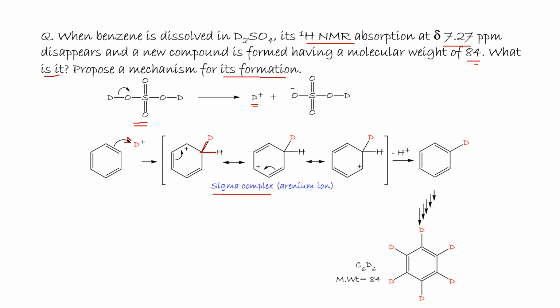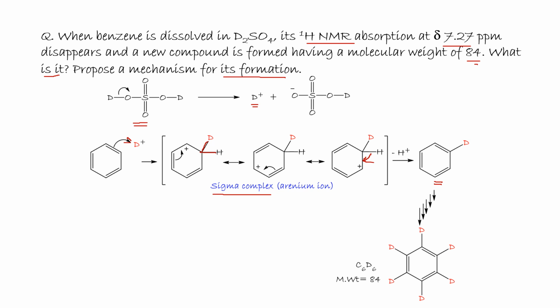Since carbon-deuterium is stronger than carbon-hydrogen, in the second step, elimination of the hydrogen will be easier, and deuterated benzene-1D will form.